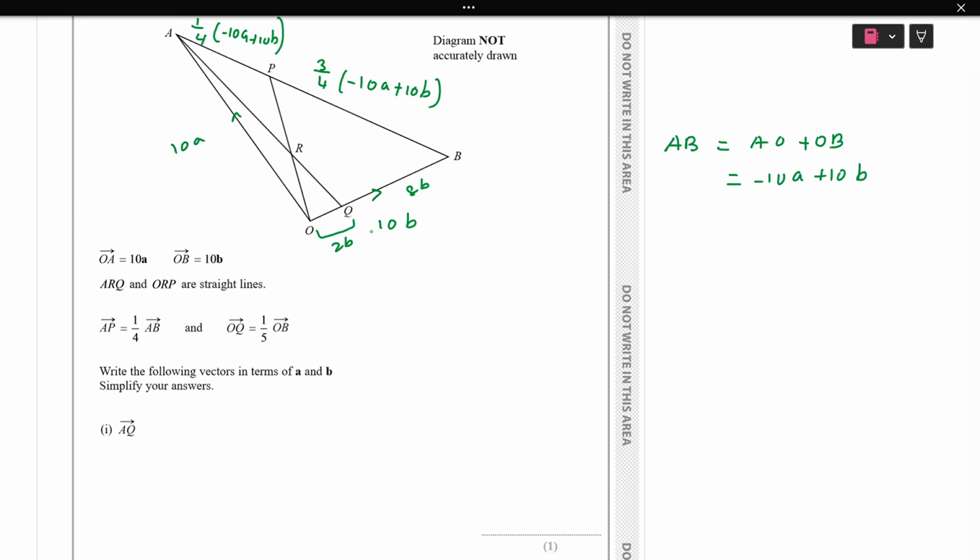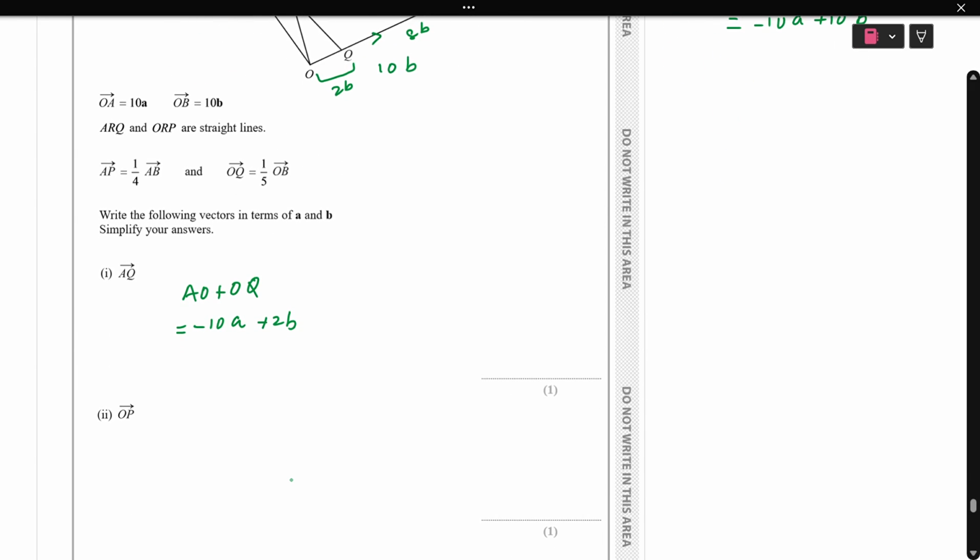Now AQ. AQ is AO plus OQ, which is negative 10a and OQ is 2b. This is the final answer: negative 10a plus 2b.